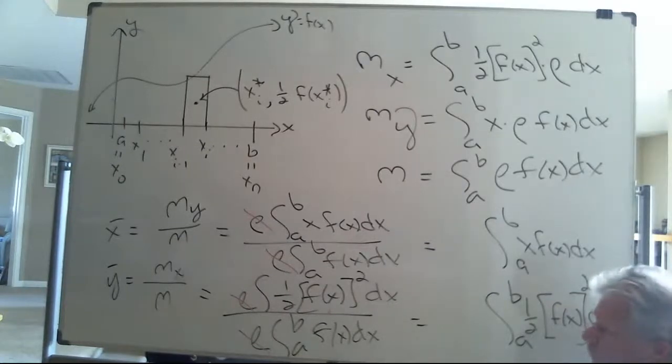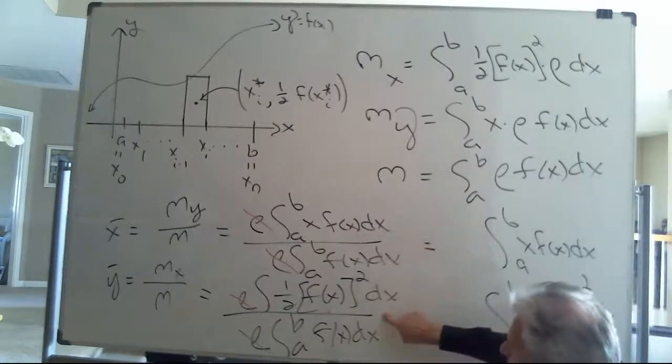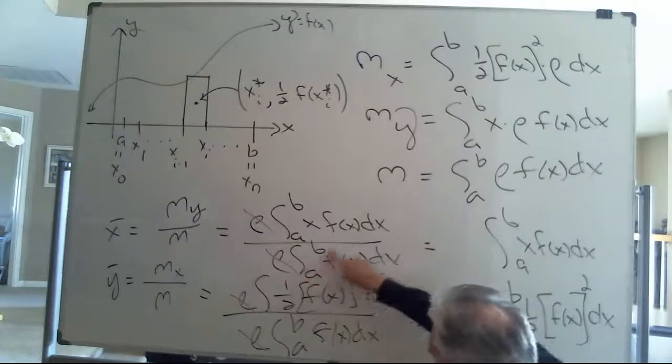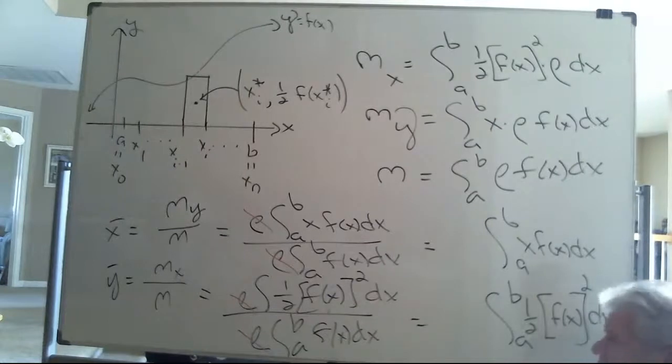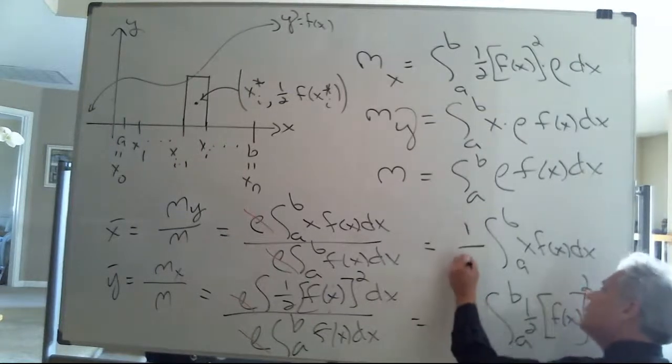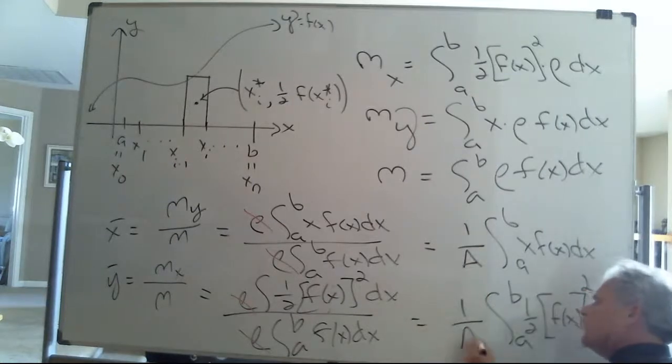Is it not true that what they're both being divided by is a definite integral that literally can be interpreted as the area underneath the graph of the equation y equals f of x, as x ranges from a to b? So let me call it what it is. Area.